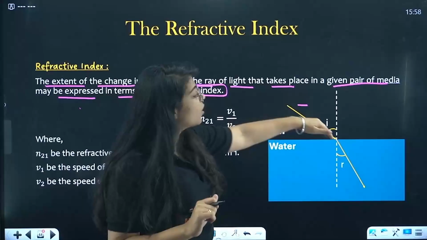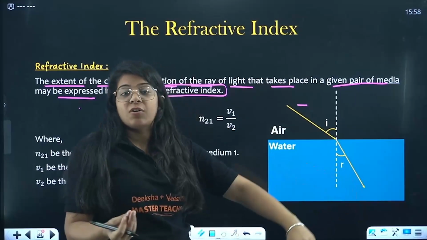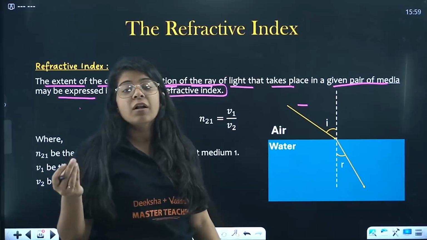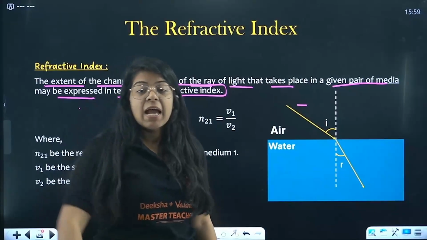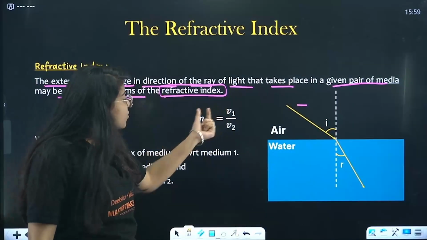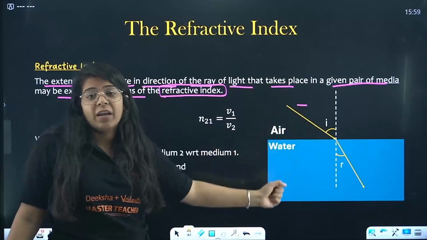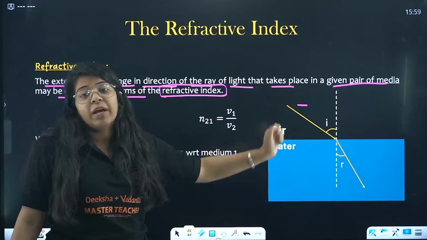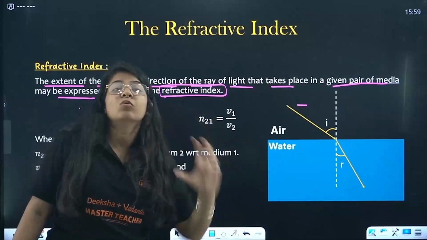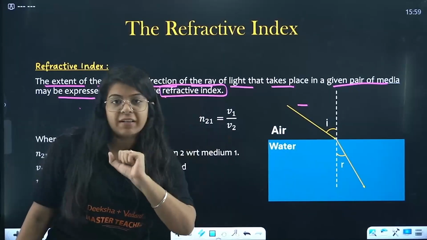Next beta, this is the whole formula for refractive index. So the extent of change of direction of light is called your refractive index. Now we talked about refractive index with respect to a medium: refractive index of water with respect to air, of glass with respect to air, of glass with respect to water. All these are refractive indexes.